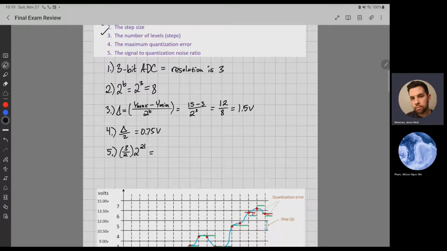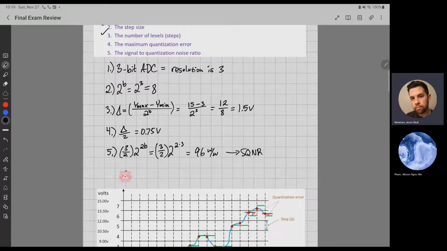This is not B, this is 2 to the B, right? No, this is 2B. Okay, so this is 3 halves, times 2 to the B, so 2 to the 3. I've got the answers here, so that would give you 96. And this is in watts per watt.